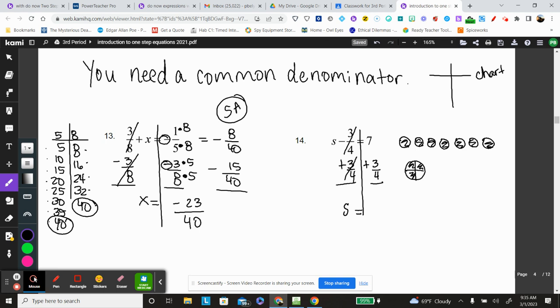That's 7 and 3/4. There you go. You don't even have to have a common denominator for that. It's like having $7.75. Does that make sense? Y'all sure? Because it's addition, that makes it really, really easy.